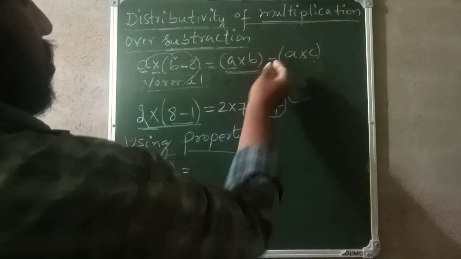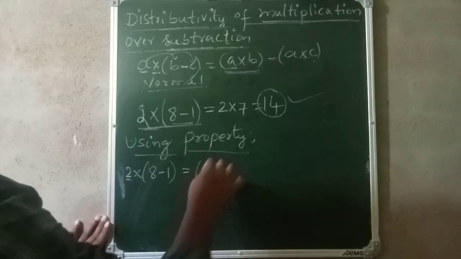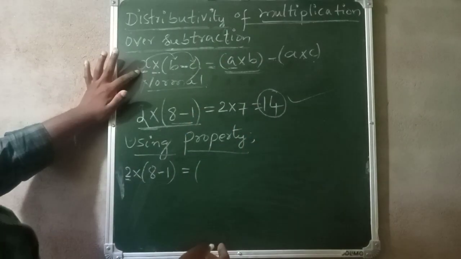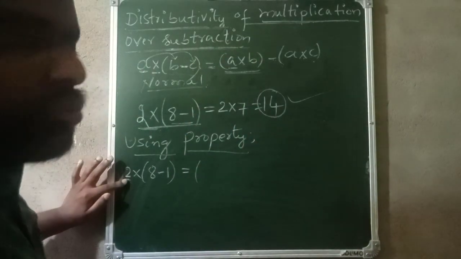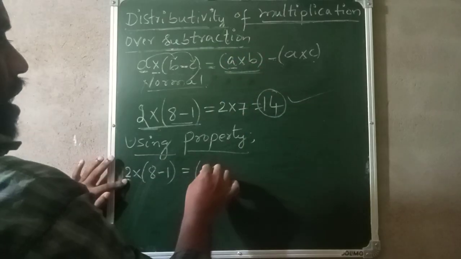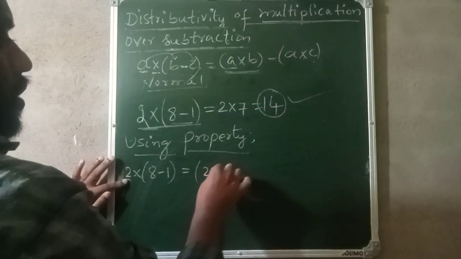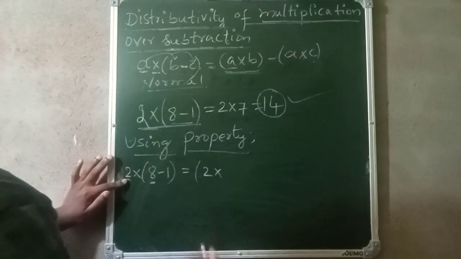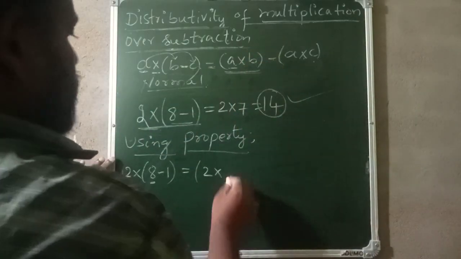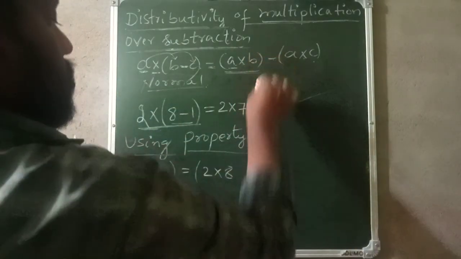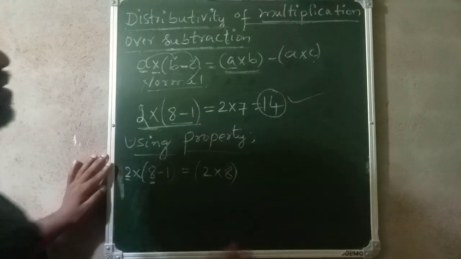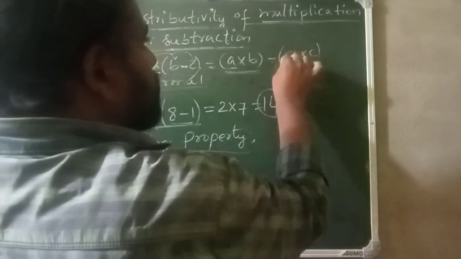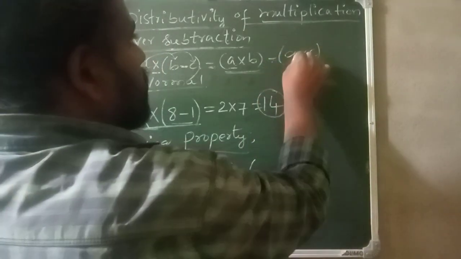Now see this, before that put this bracket a. In place of a we have 2, so in place of a write 2 into, next b is there. In place of b we have 8, so in place of b write 8, close the bracket, minus, open the bracket, a.